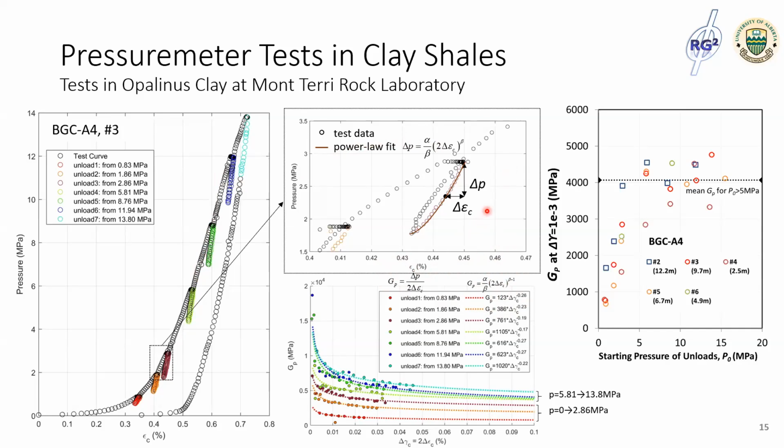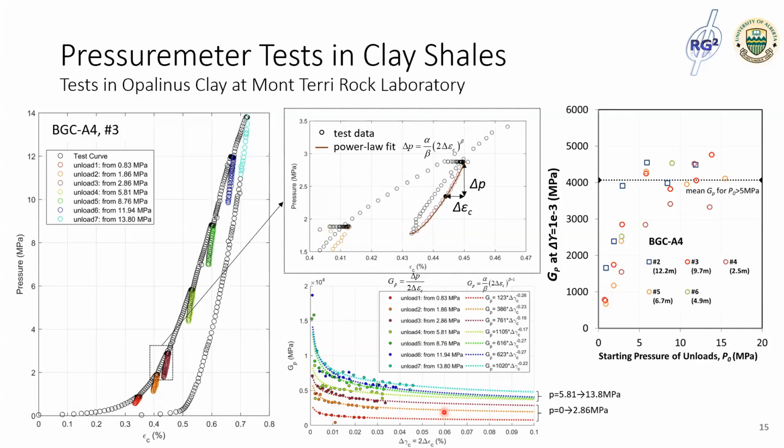So what we can see here is the degradation of the shear modulus with the strain amplitude. We can also see the trend of the increase of the pressure on the increase of the material stiffness measured during the pressuremeter loading.